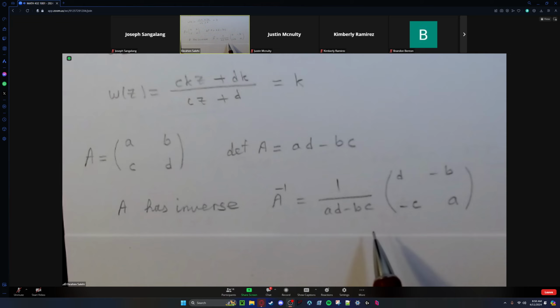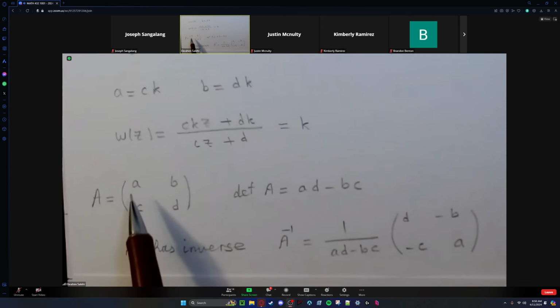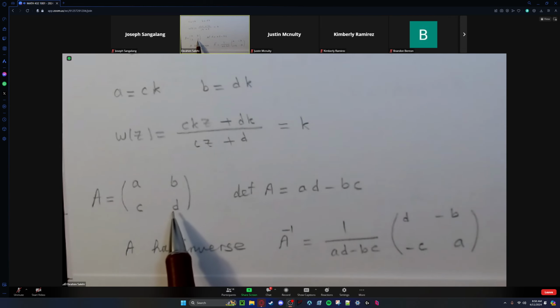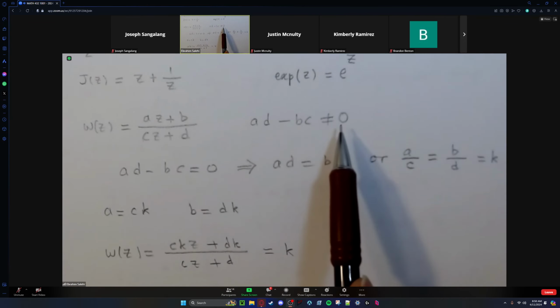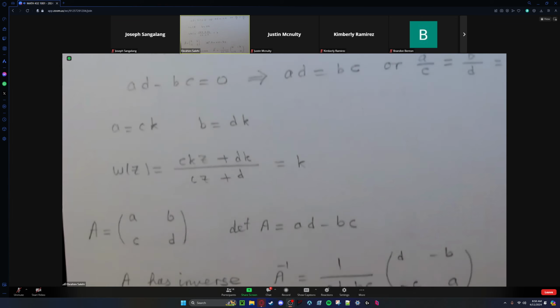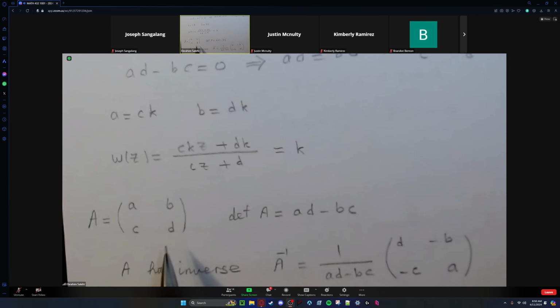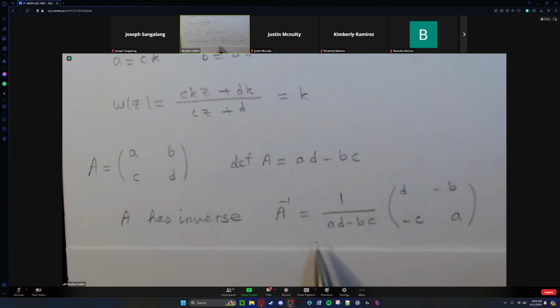You can think of this function as sort of this 2 by 2 matrix, and the condition that AD minus BC is not zero, other than making this a constant, means the matrix has an inverse, and its inverse is right here.